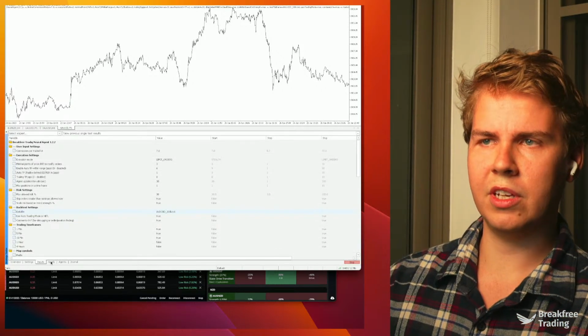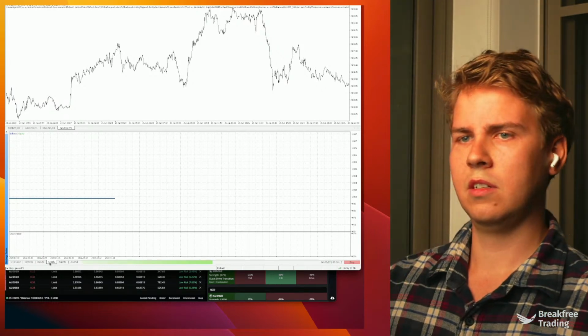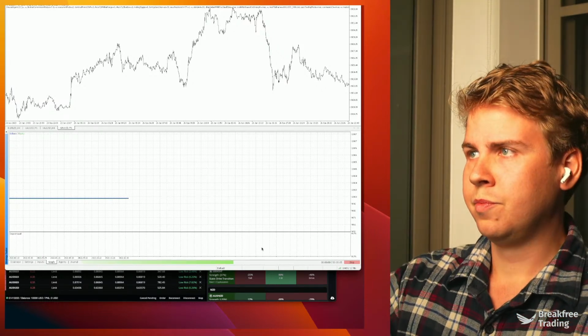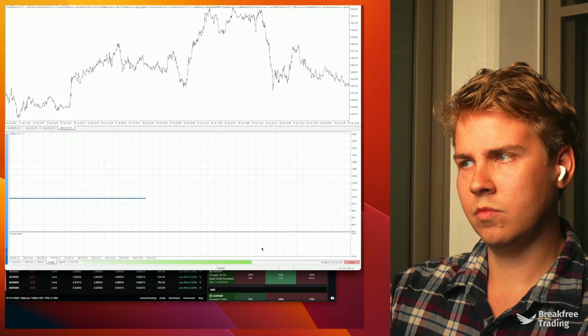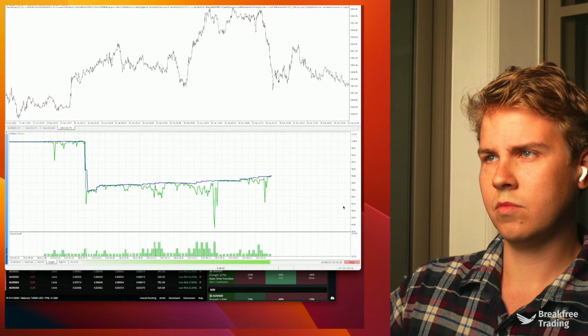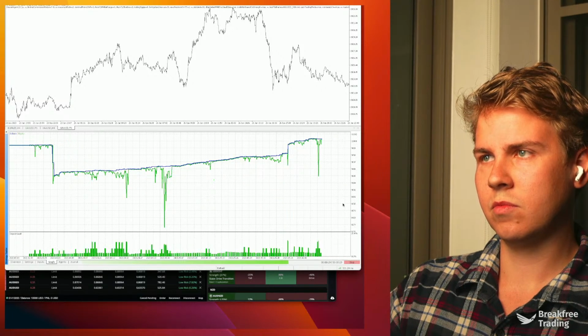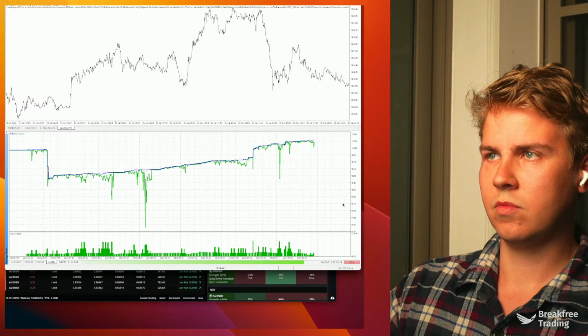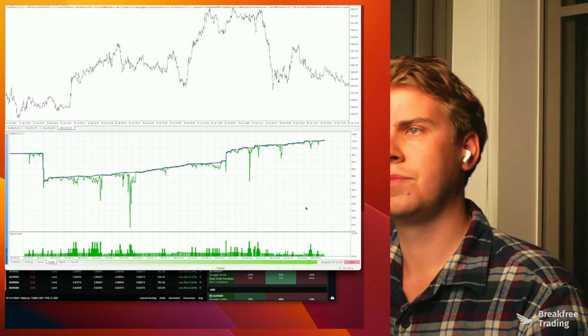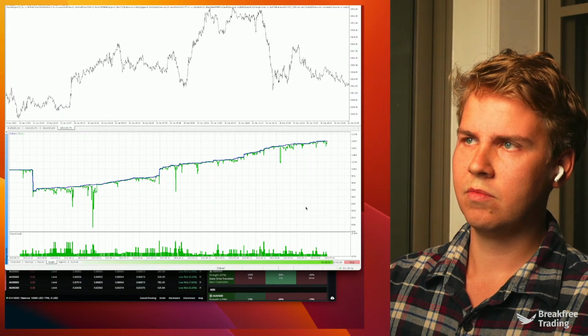So first, let's run the auto mode on AUD CAD. Not too bad.